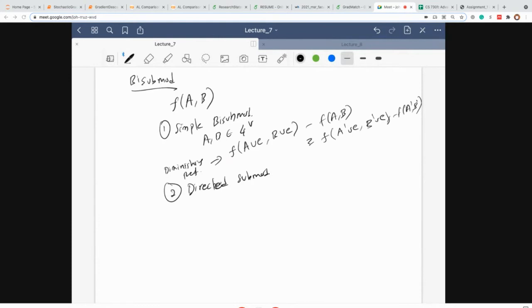In directed bisubmodularity, I think you require the union-intersection version, that is f of A comma B plus f of C comma D is greater than or equal to f of A union C comma B union D plus f of A intersection C comma B intersection D.